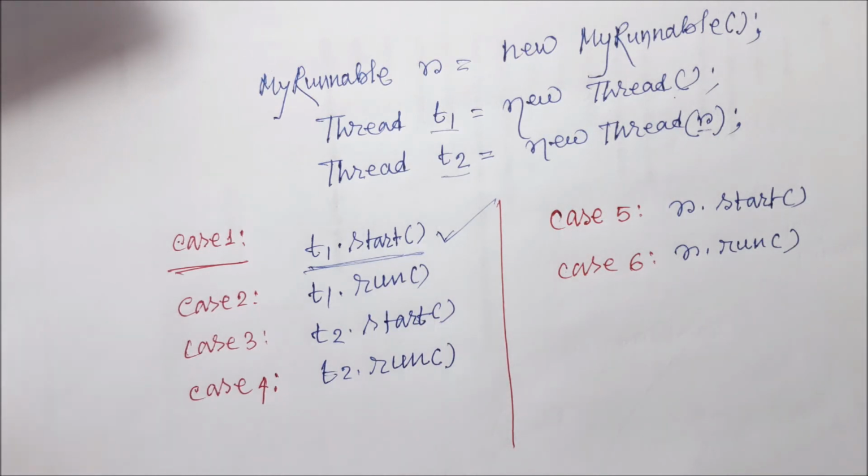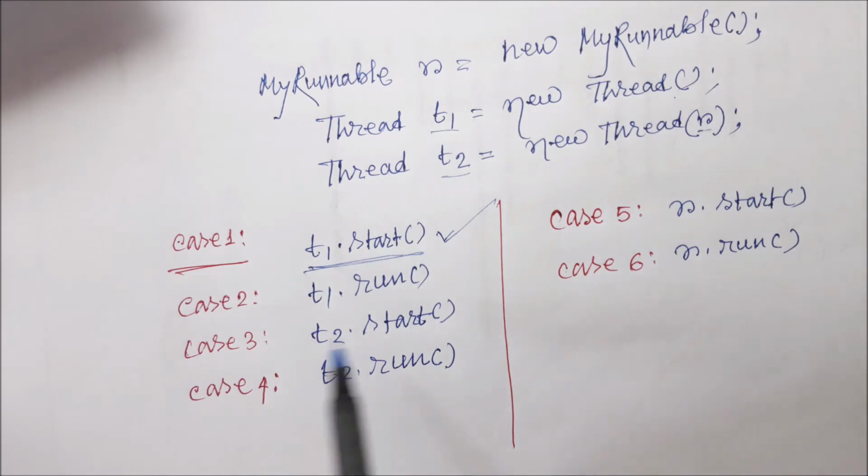If I directly call the run method, it is just a normal method call, and no separate thread is created. In this program only one thread is present, the main thread. The other thread is created only when we call the start method.